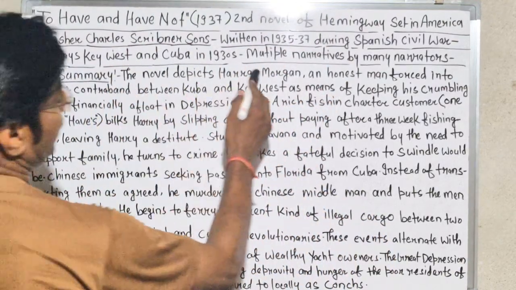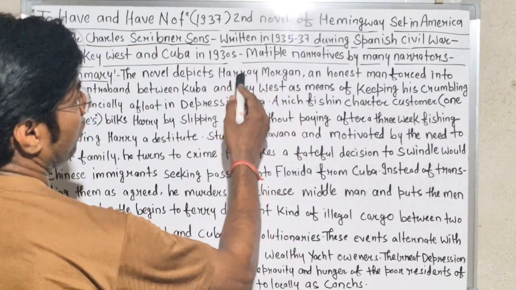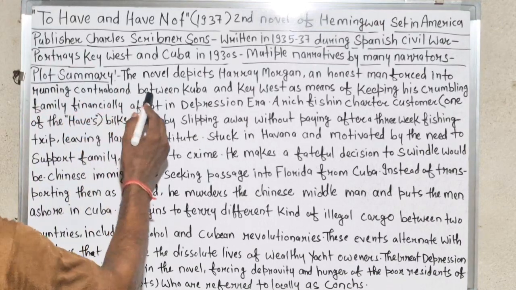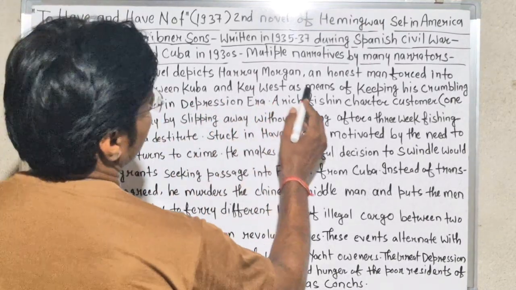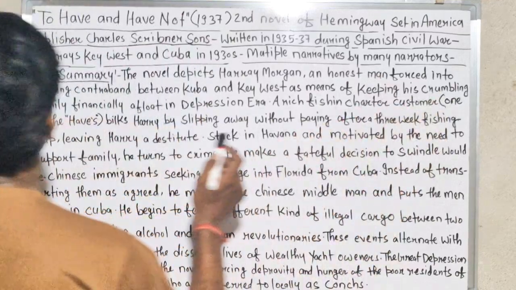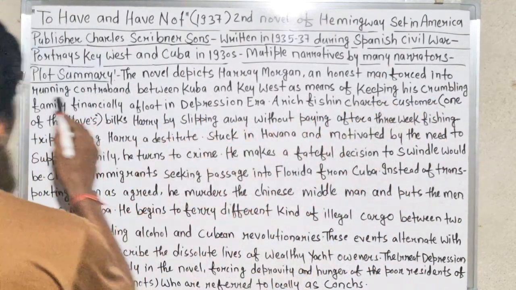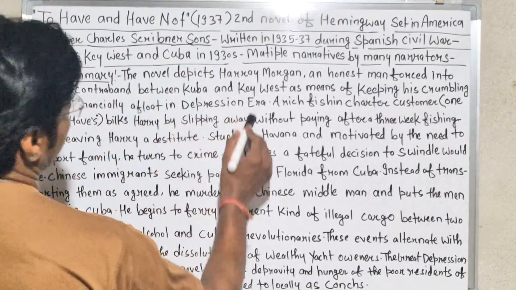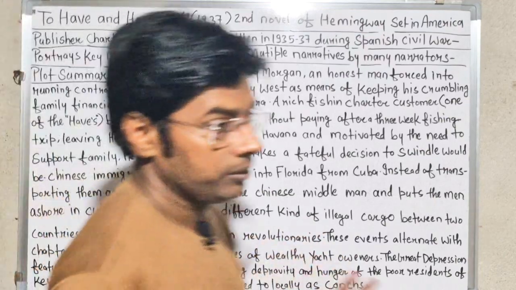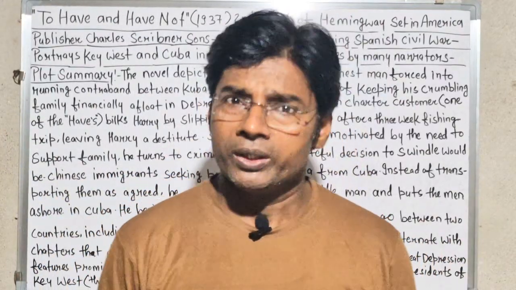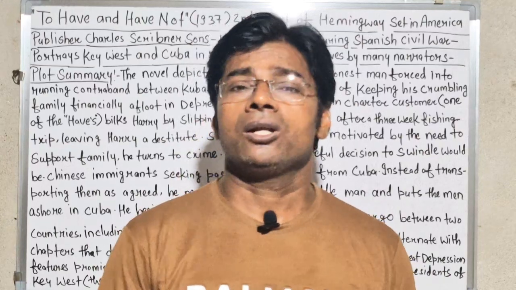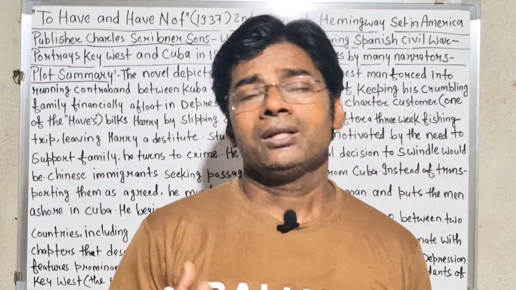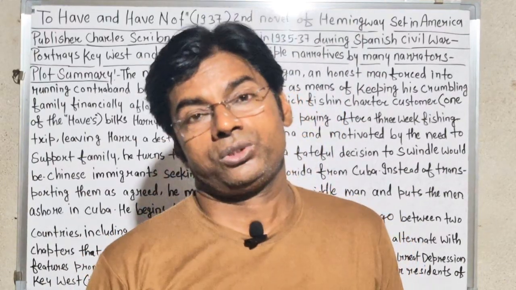So the novel depicts Harry Morgan. Remember, he is the protagonist of this novel, an honest man forced into running contraband between Cuba and Key West as a means of keeping his crumbling family financially afloat in the Depression era. This was an era post-World War that had lots of psychological issues.